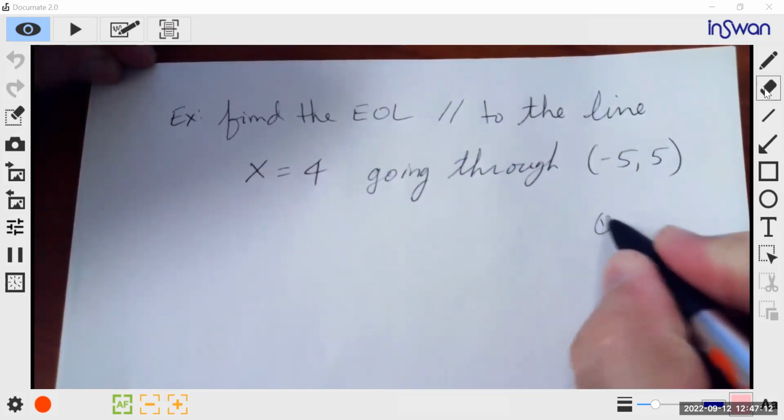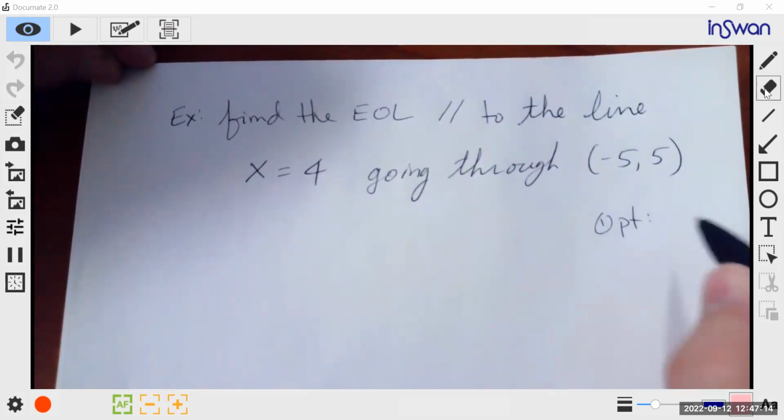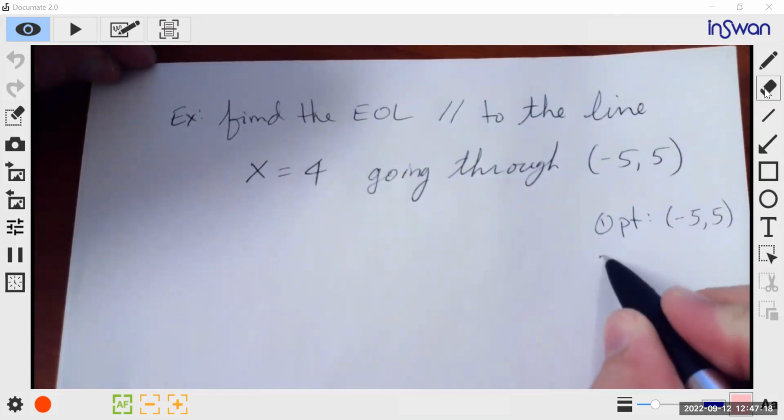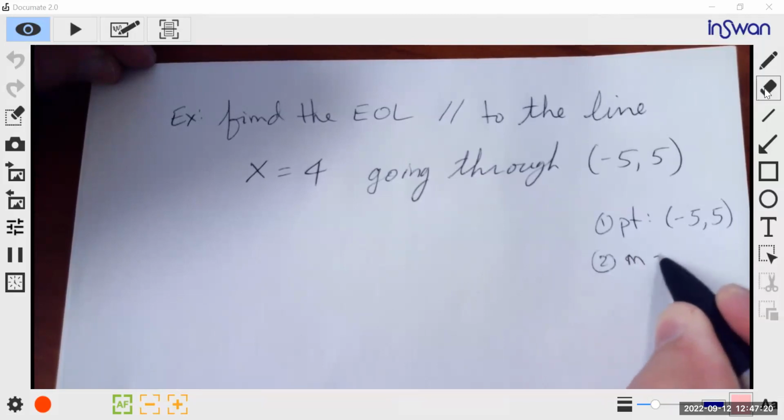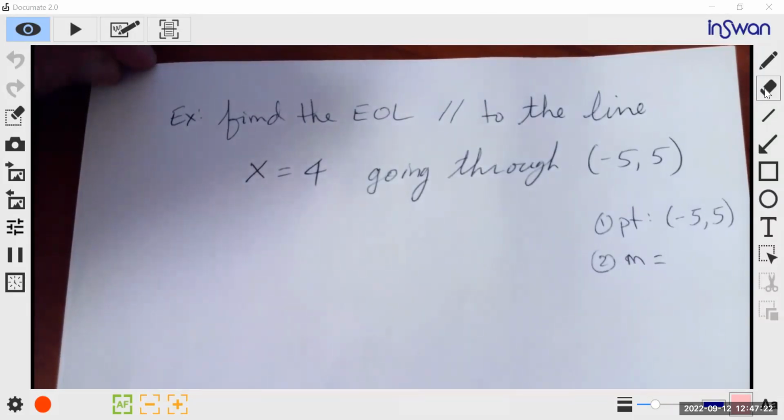Remember, do we have a point? Yeah. Do we have a slope? No. We don't. No, we have a slope. It's just not 4. We have to find it, don't we?